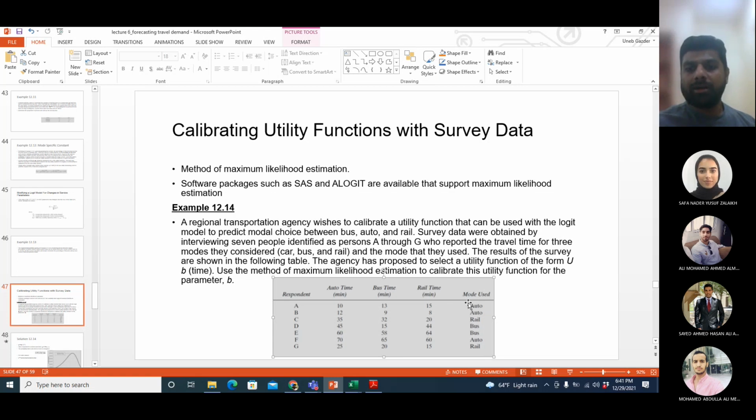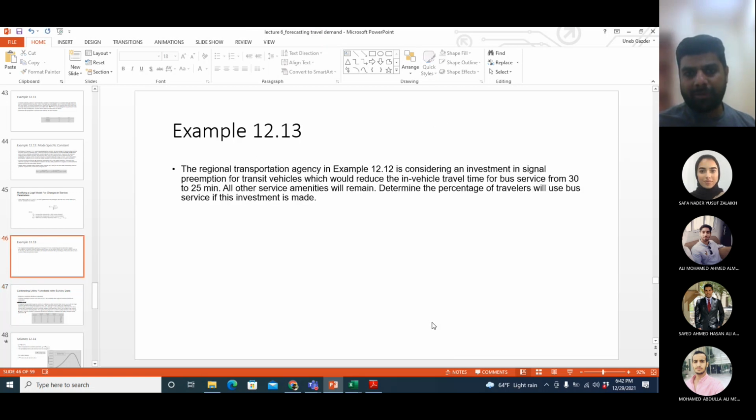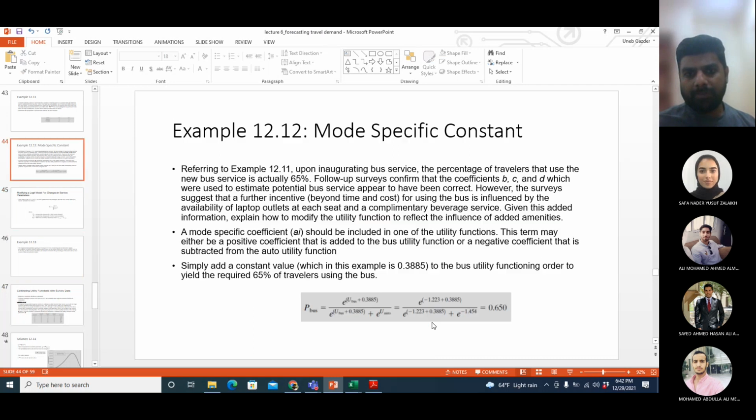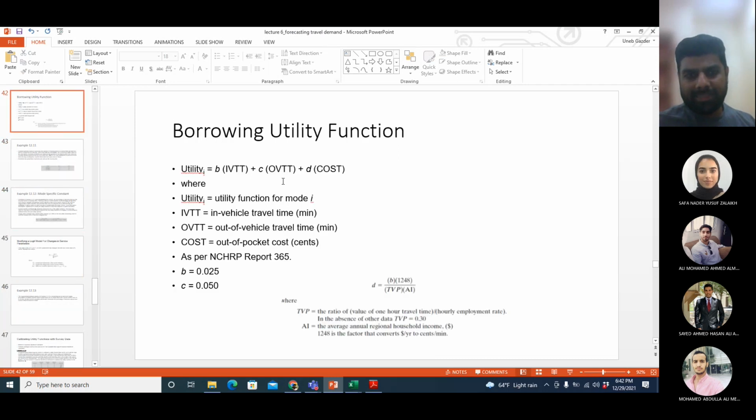In this equation, there's only one variable, which is the time. We want to apply maximum likelihood estimation to find out the coefficient of that variable. In the previous equation we had 3 variables: in-vehicle time, out-of-vehicle time, and cost.